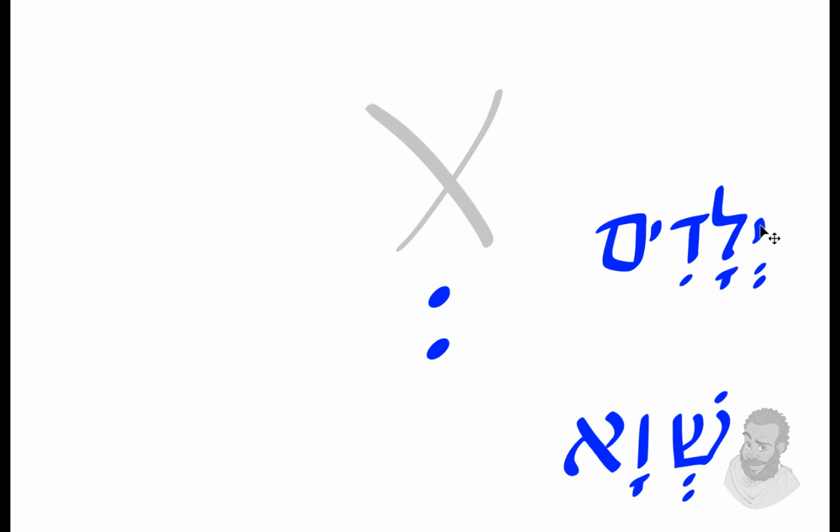So I'm pronouncing the consonant, then moving quickly on to the next consonant, and then the vowel. Yeladim. I already see that this is y, and I move on quickly. This is an indicator to me that I have to move on to the next consonant already. So yeladim.